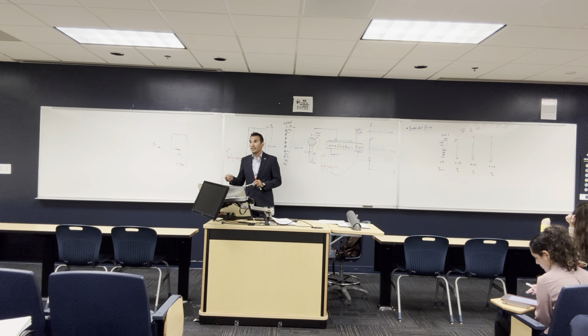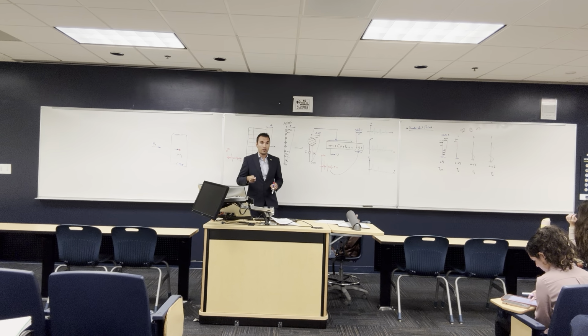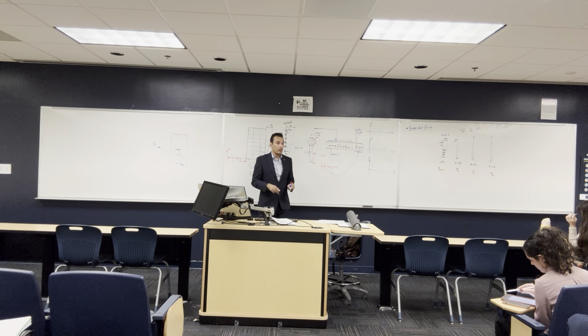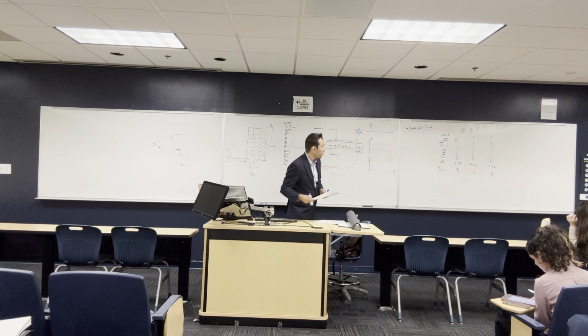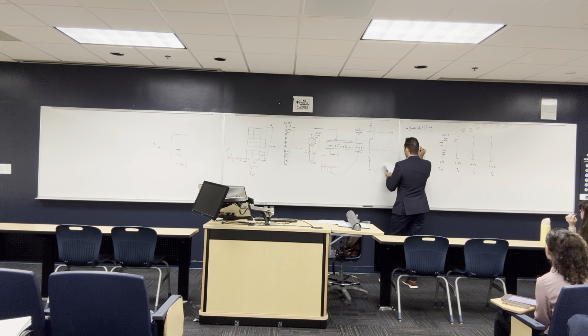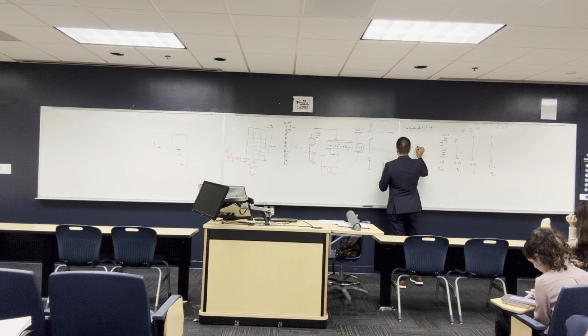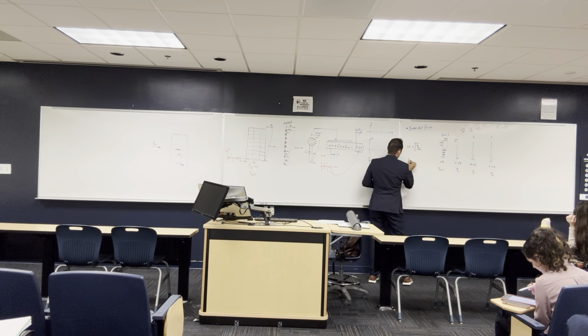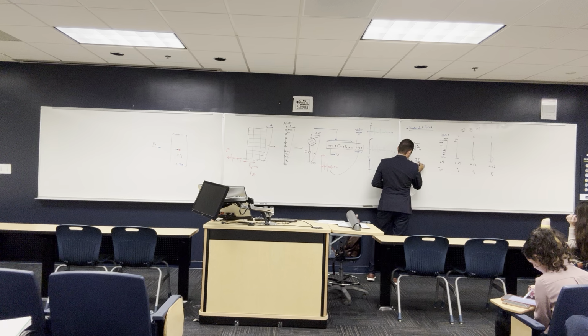Every building has a different fundamental period. It depends on the mass and the stiffness of the building. And last time I gave the rule for how to calculate this. All this comes from omega. Omega is equal to root k over m, and T is 2 pi over omega.